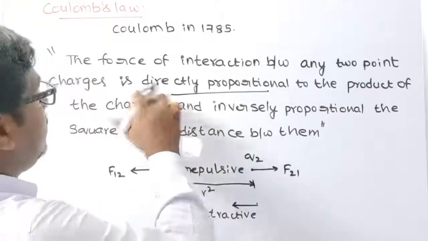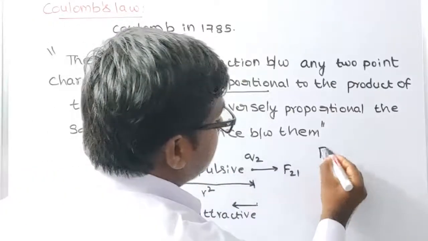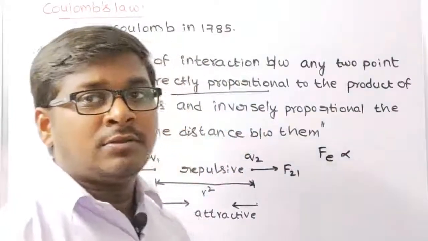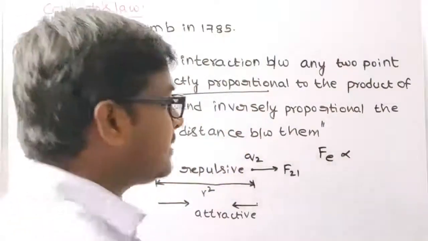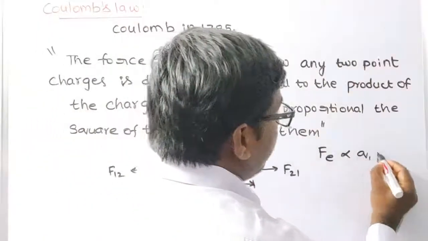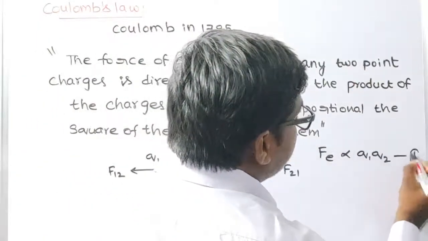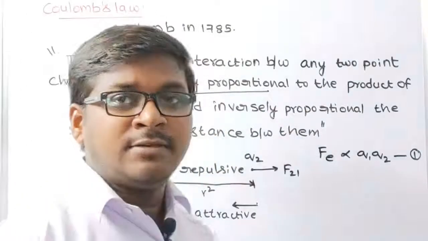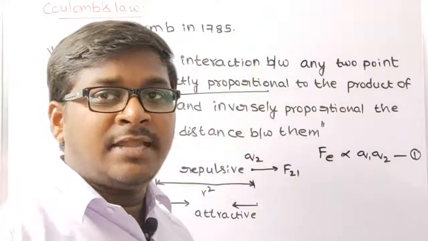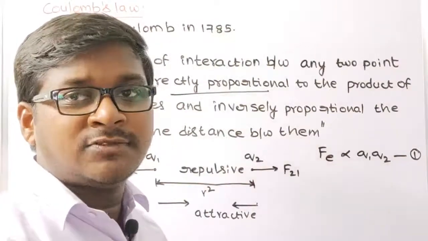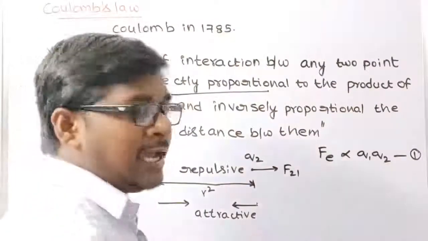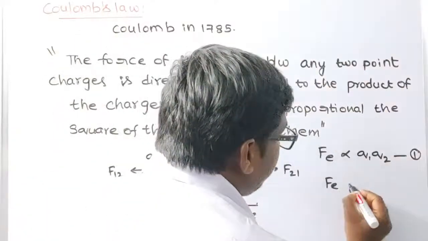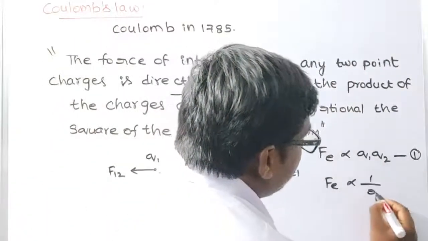The electric force is directly proportional to the product of the two point charges, so Fe is proportional to Q1 Q2. This is equation number 1. The electric force is inversely proportional to the square of the distance between them, so Fe is proportional to 1 by R square.